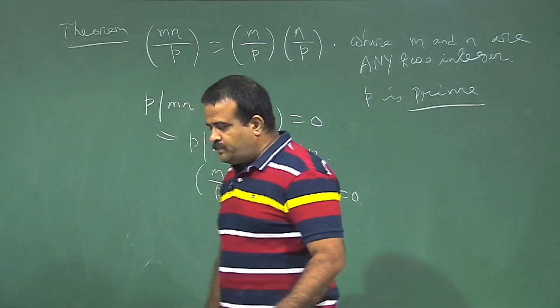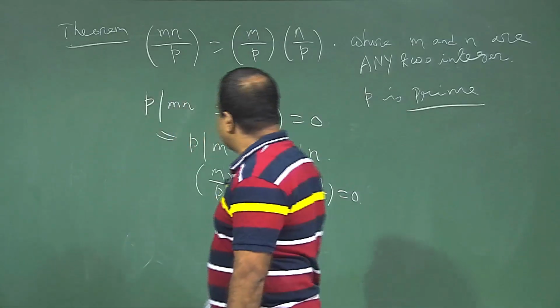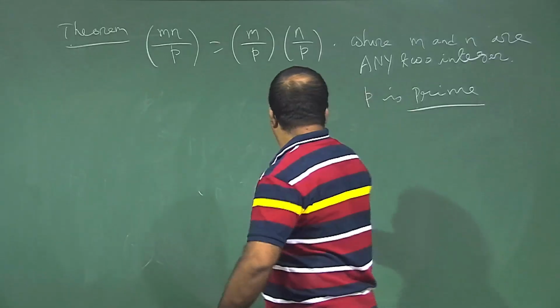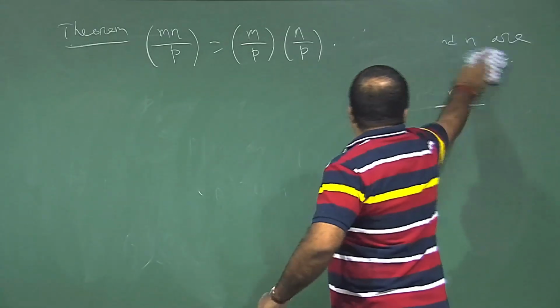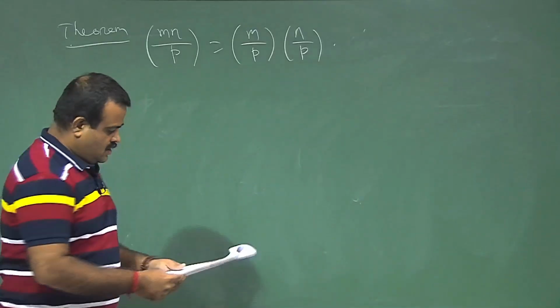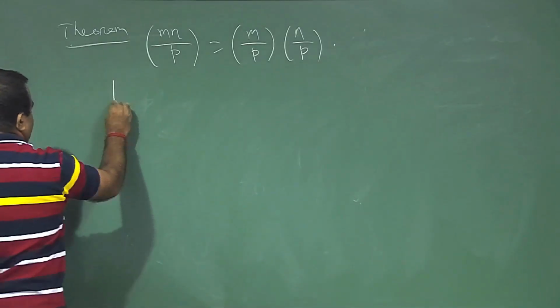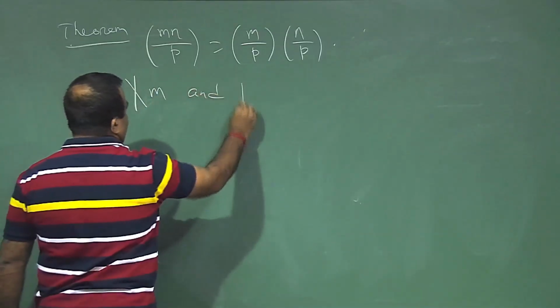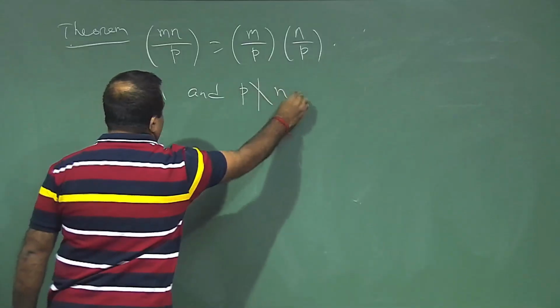Now, if p does not divide m or n, then we will use Euler's theorem to prove this. Suppose p does not divide m and p does not divide n.